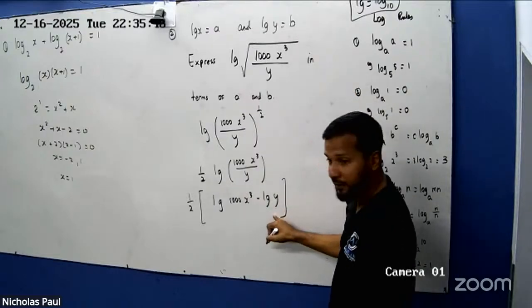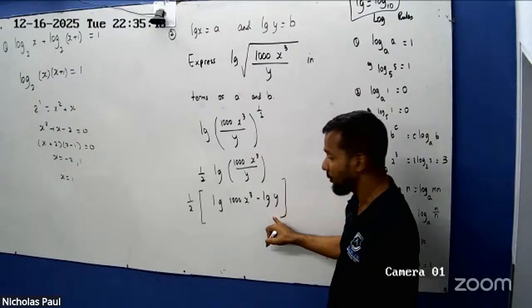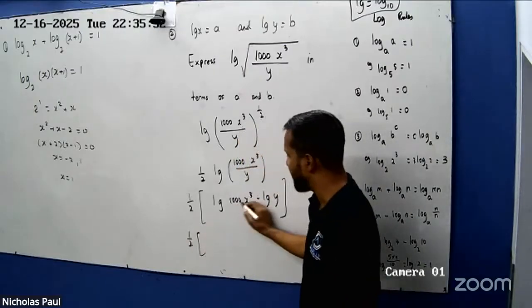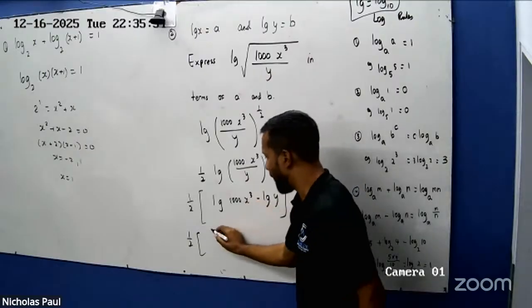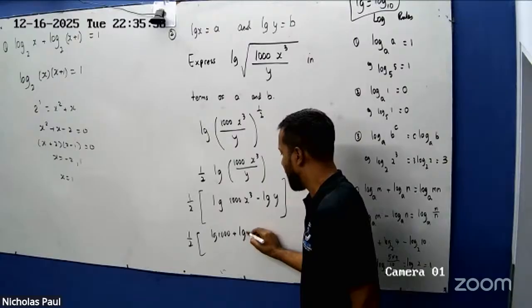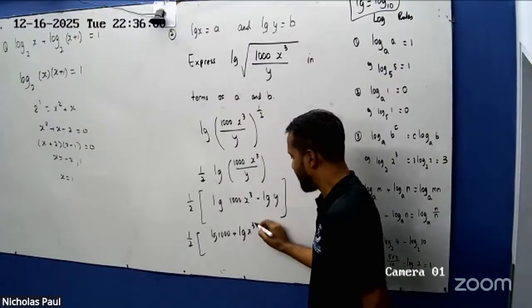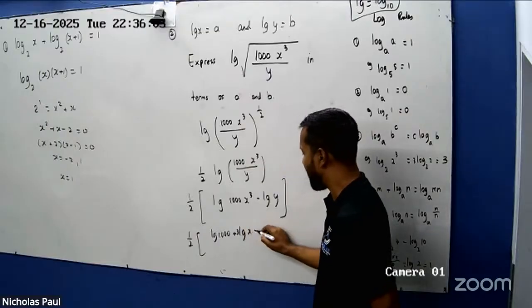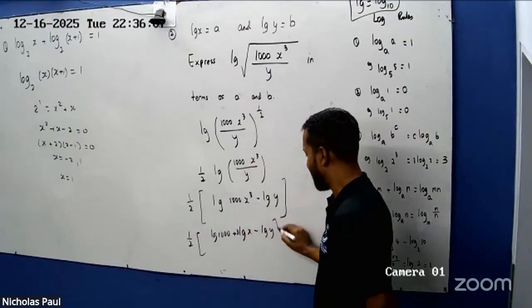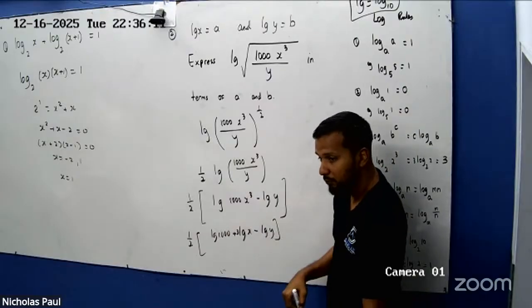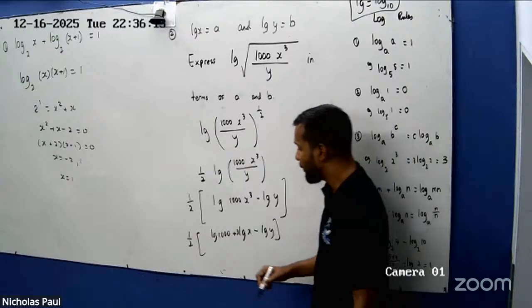So I solved part of the problem. Now I can write a half, and this is multiplied, so I can write log of 1000 plus log x cubed, and I can take this 3 and put it where? In front. So I can take the 3 and bring it in front, and your hard work is done.